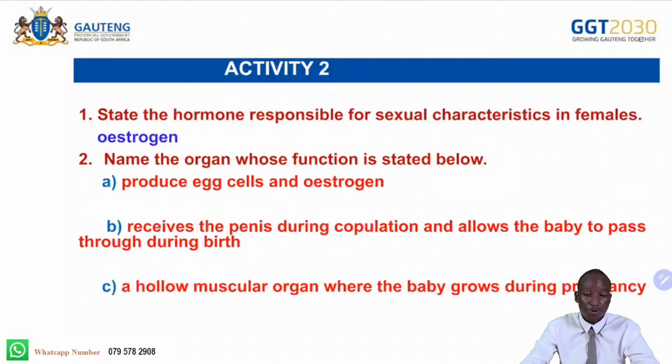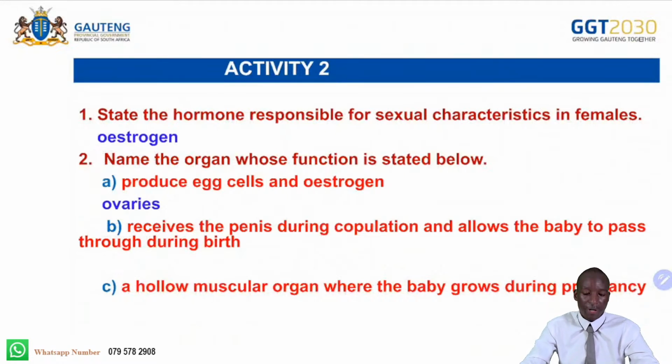So we're just looking at the function, then you match the organ. The first one, the one which produces egg cells and estrogen. This organ is the ovary. Ovaries are the ones which produce egg cells and the hormone estrogen.